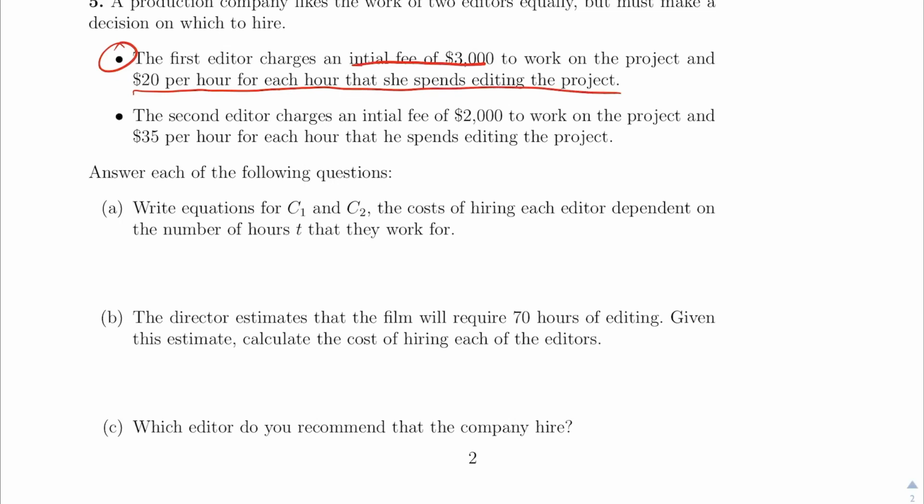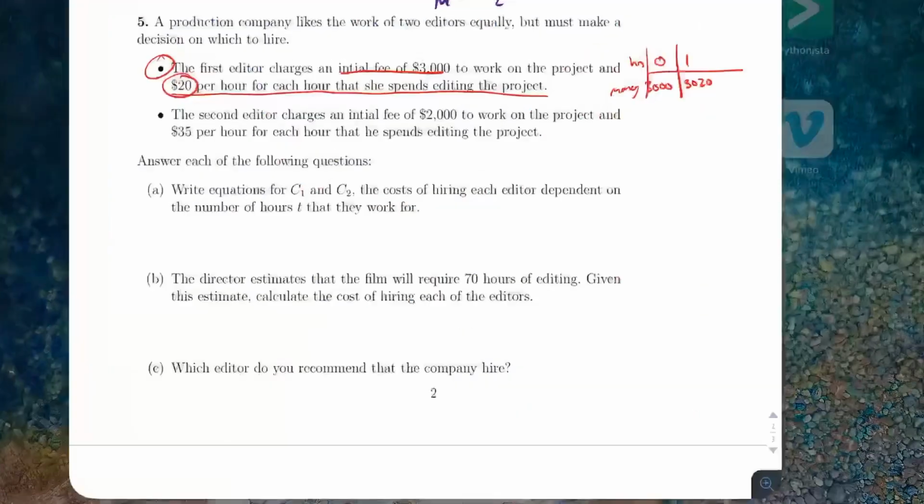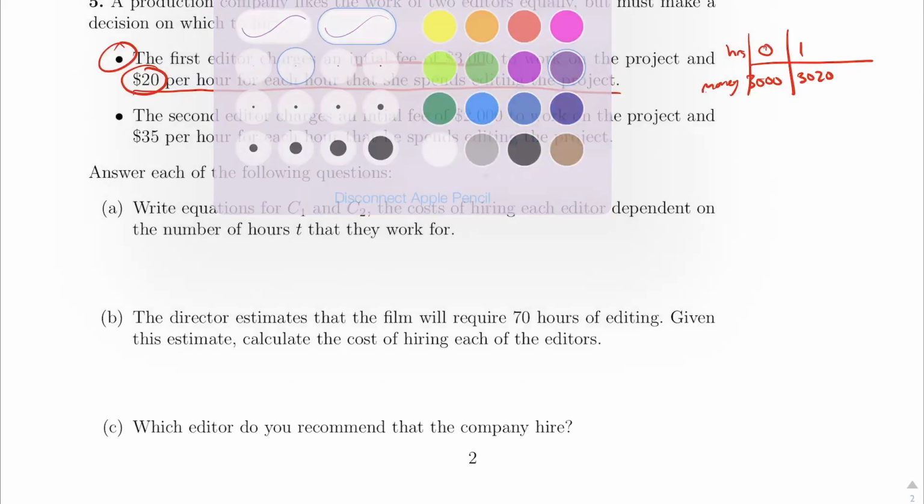So even if this editor spends 0 hours editing the project, she's going to make $3,000. So hours and money. If she works 1 hour, she gets $20 per hour, so she'll make the $3,000 that she made before plus an extra 20.